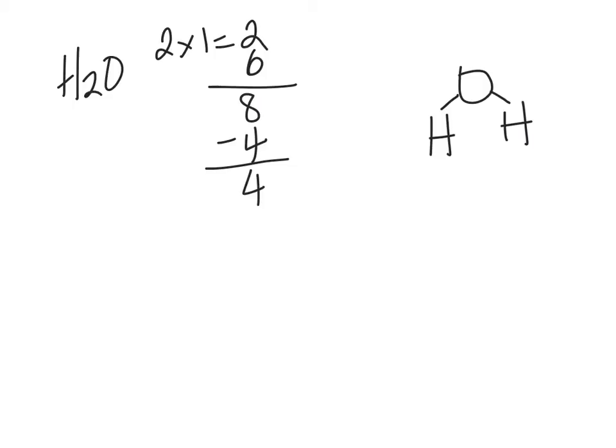So it says put them around your terminal atoms first. Well, how many does hydrogen want? 2. It's already got 2 in the bond. So hydrogen is done. Which now leaves oxygen. So if you place them around the terminal atoms, you have some left over, you put them on the central atom. We've got 4 electrons left. There you go. Now I have none left over.